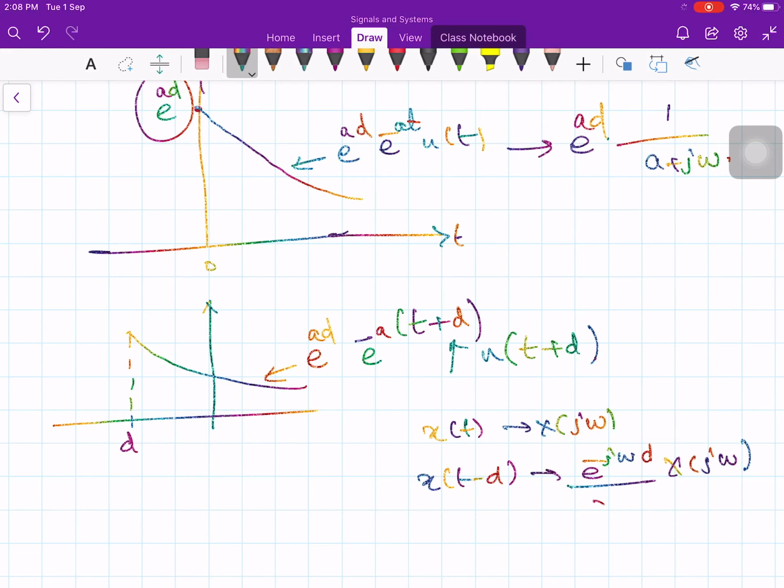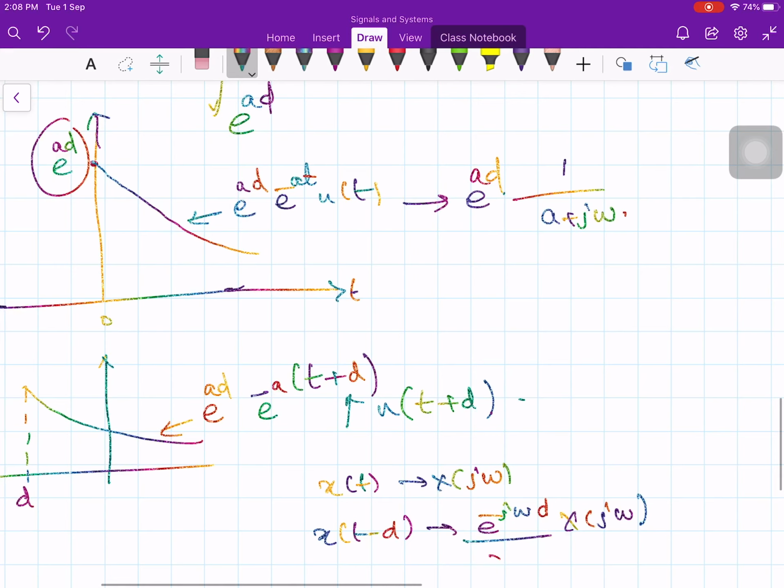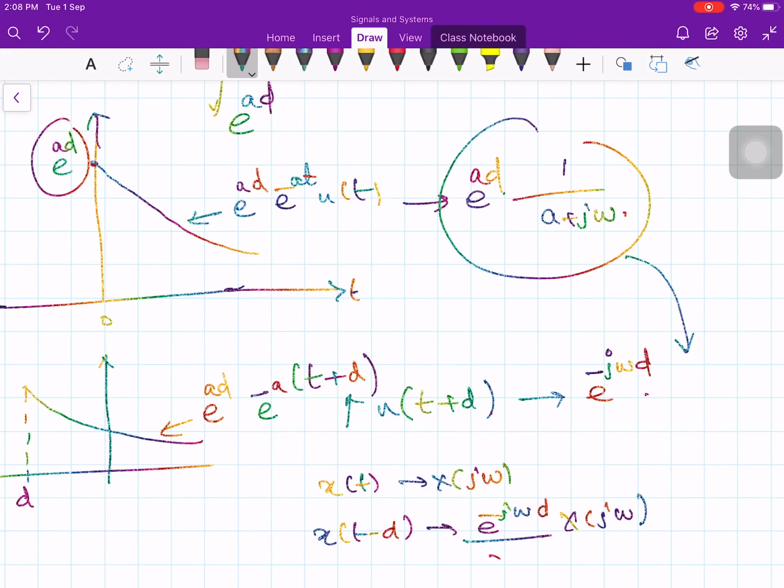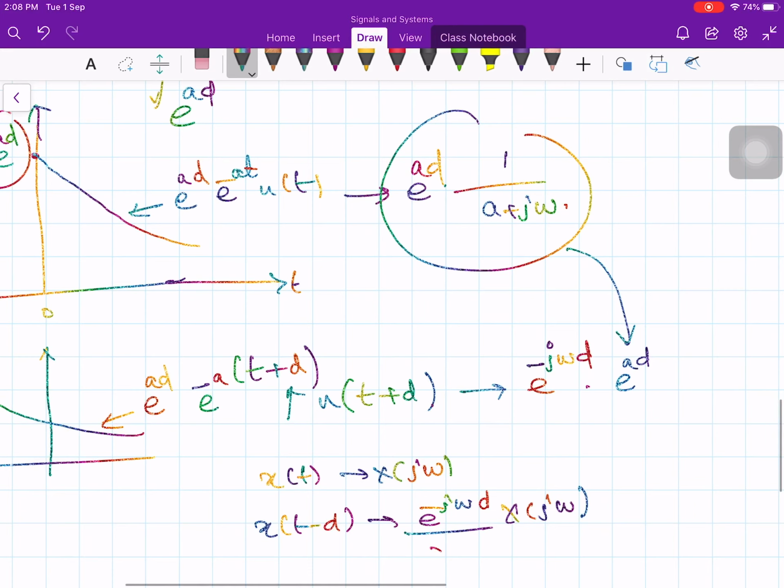Similarly, this has the Fourier transform with e to the minus j omega d, that shift, multiplied by the whole thing. So e to the ad times 1 over a plus j omega. So we are using the translation property.